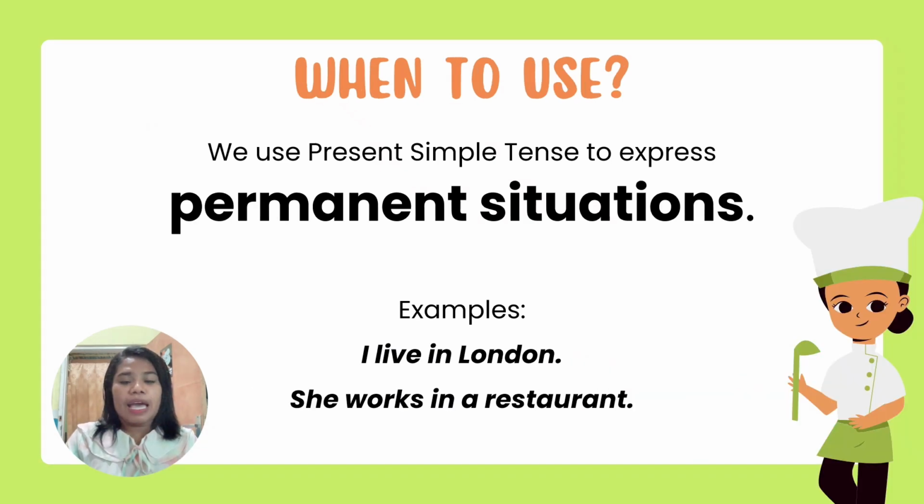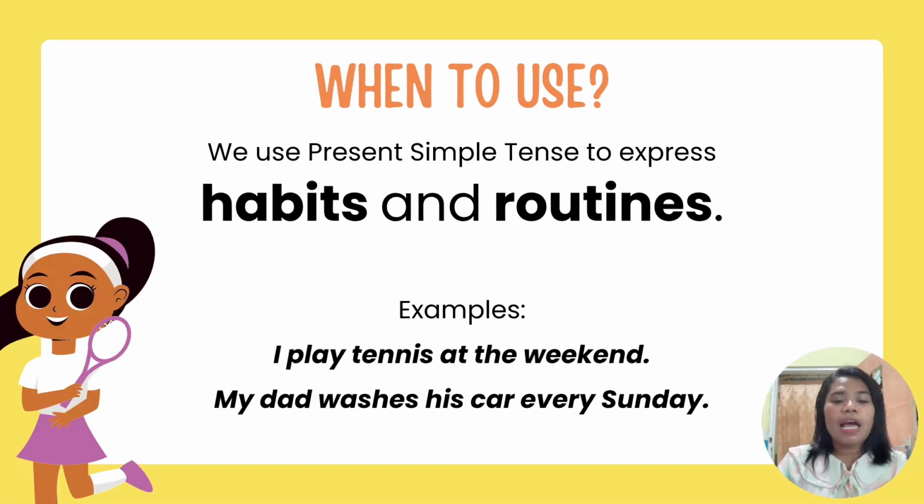We use the simple present tense to express permanent situations. For example, I live in London. She works in a restaurant. That's the permanent situation.